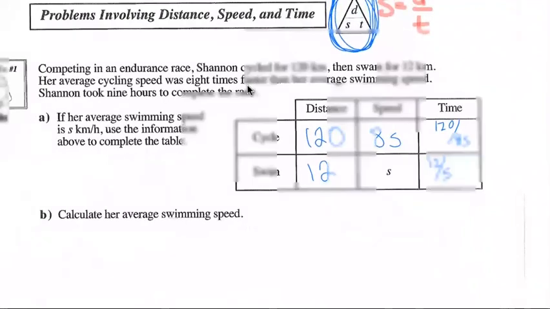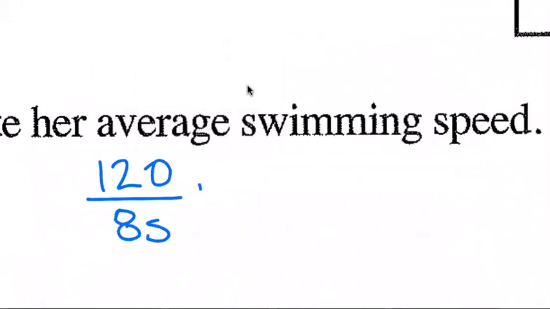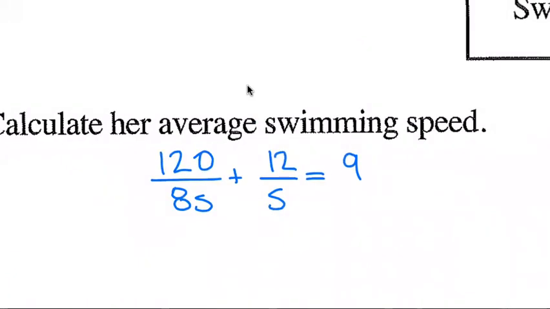Now it says that her entire race took 9 hours. So 120 over 8s plus 12 over s should equal 9 hours. Now we have a rational equation.